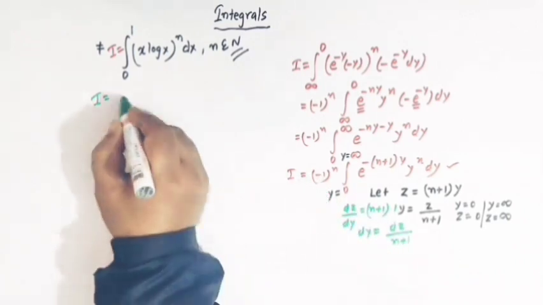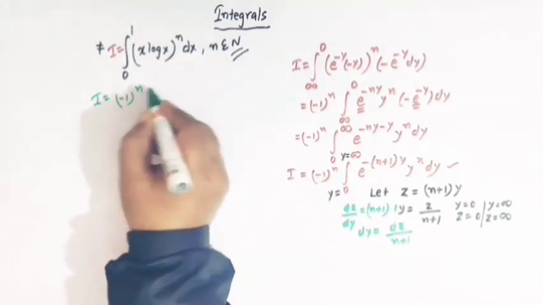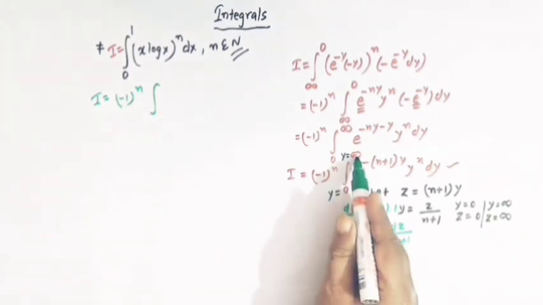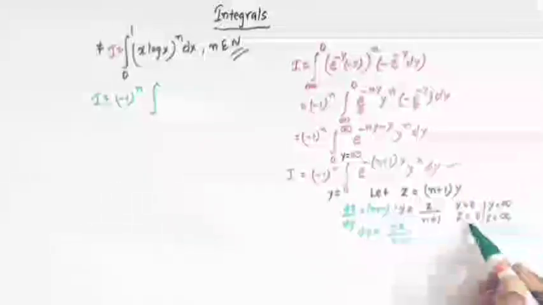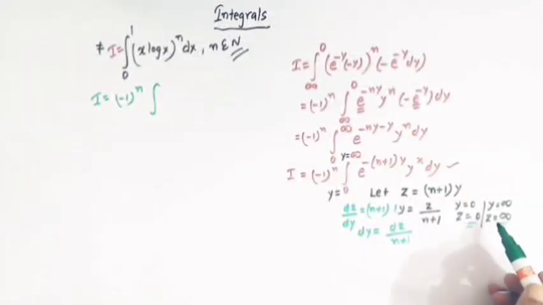So here we have minus 1 raised to n, then 0 to infinity, and when we take the variable z, the limits remain the same.